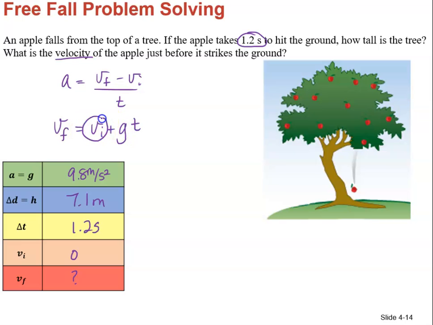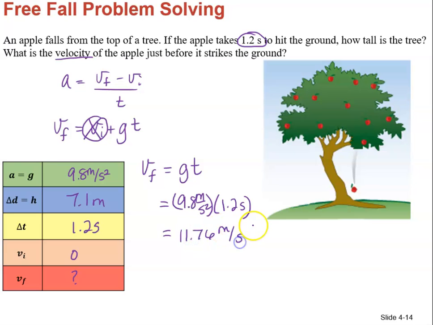But, of course, our initial velocity is always going to be 0, so our final velocity is just going to equal gravity times time. So in this case, it's going to be our 9.8 times our 1.2 seconds, and that is 11.76 meters per second.